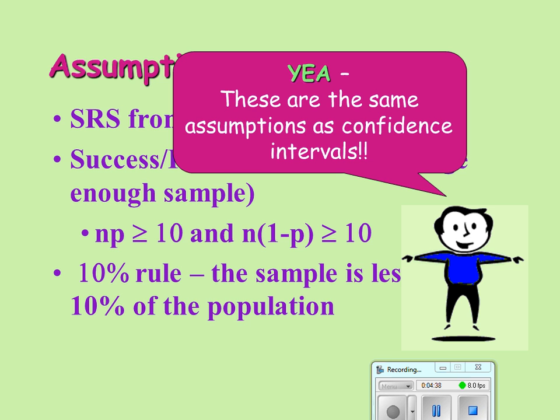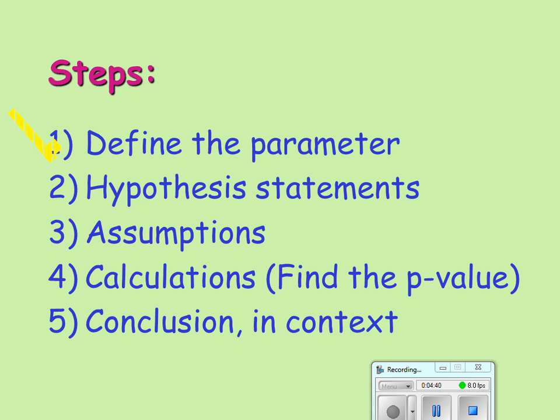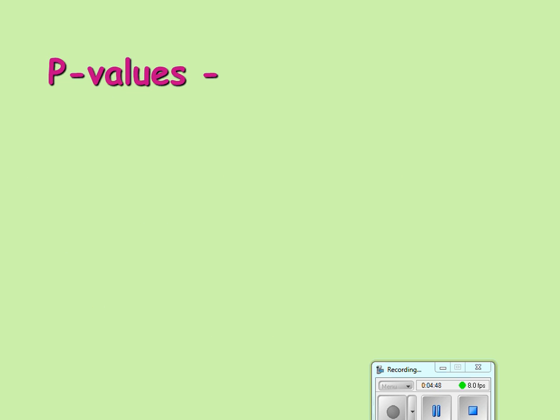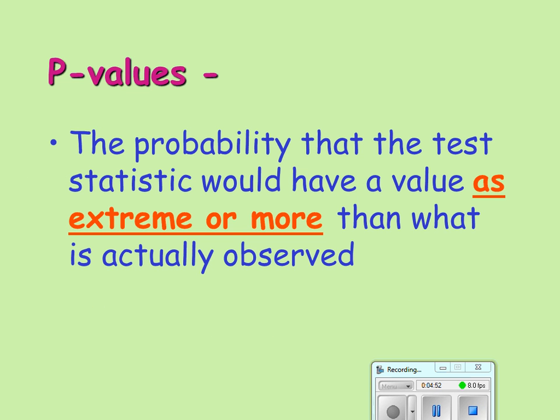There's nothing new. All right, so we've talked about the parameters, the hypotheses, and the assumptions. Let's go on to our calculations, where we're actually finding our p-values. P-values are the probability that the test statistic would have a value as extreme or more than what is actually observed. So we're looking to see if our null hypothesis is not true, and we're going to reject it.